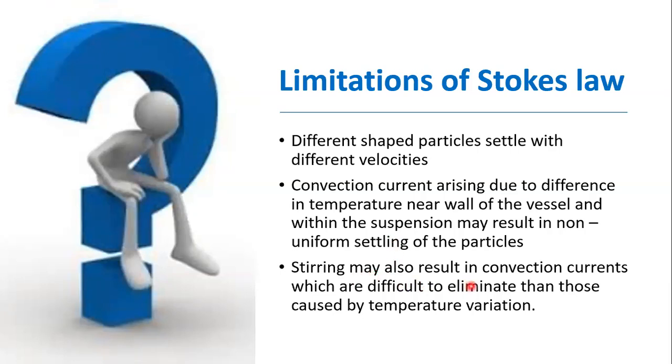Stirring may also result in convection currents, which are more difficult to eliminate than those caused by temperature variation. So when you are stirring the solution or that suspension, that will also create some convection currents, and that can have some impact on the temperature and the movement as well.